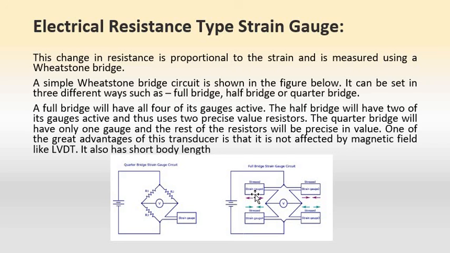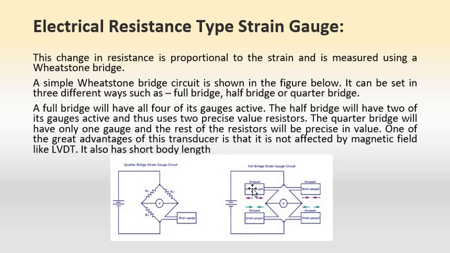measuring device. And also while we are comparing it to LVDT, linear variable differential transformer, about which we will discuss in the next session, one of the main advantages of the strain gauge is that in this type of measurement there is no effect of electromagnetic field.